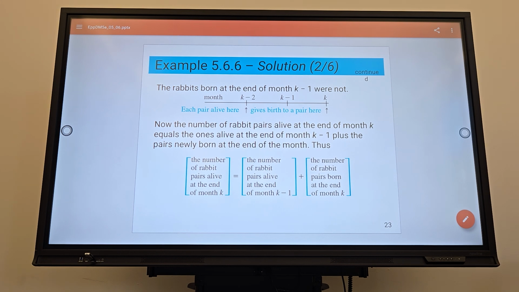Now, the number of rabbit pairs alive at the end of month k equals the number alive at the end of month k minus 1, plus the pairs newly born at the end of the month.